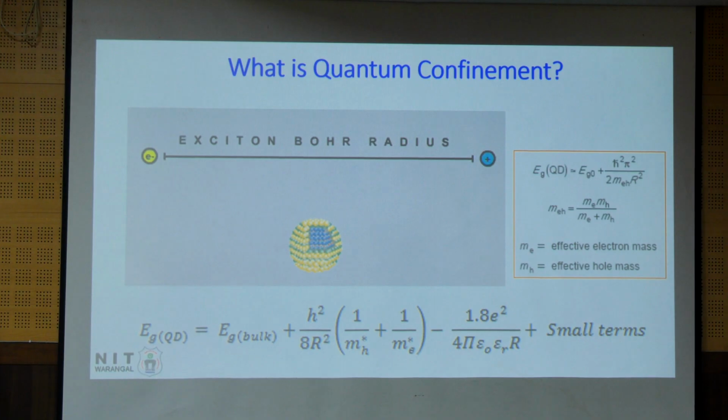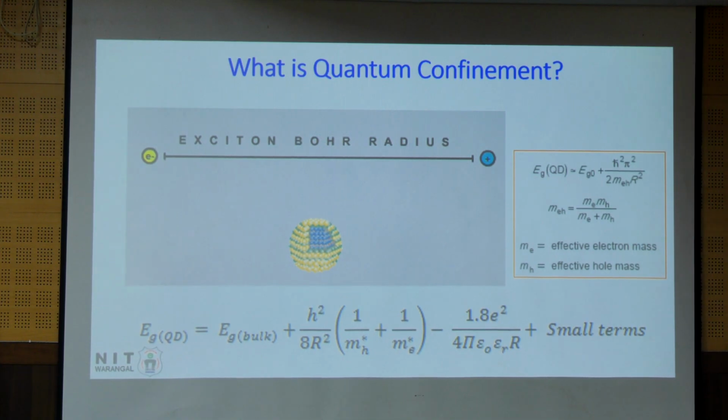See, quantum confinement means: you can calculate the exciton Bohr radius for a bulk material. Suppose you have a bulk crystal like zinc sulfide. Zinc sulfide has a band gap of 3.6 electron volt, and using this formula you can calculate quantum mechanically the band gap as well as the exciton Bohr radius, EBR it is called.